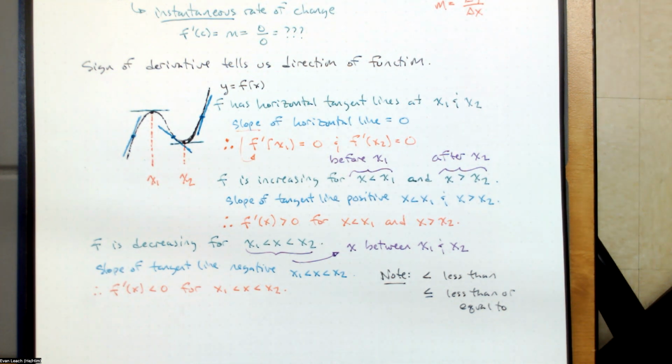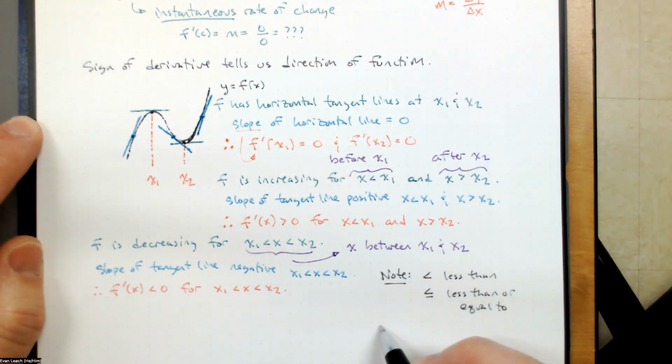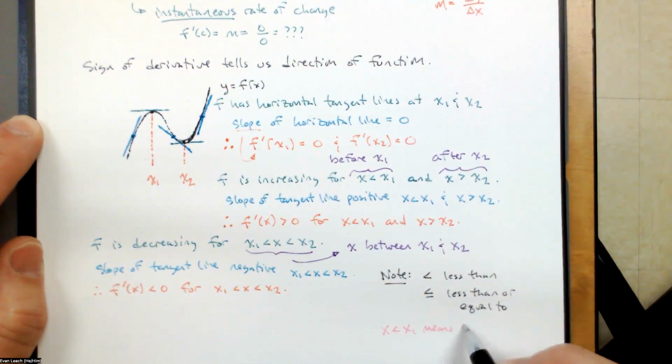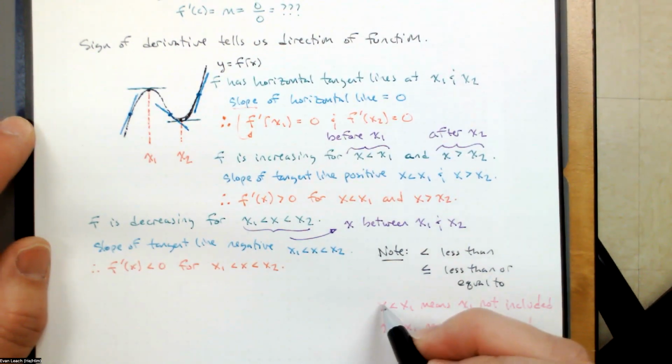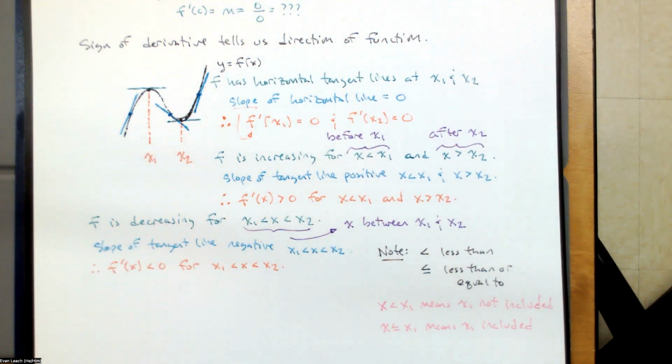So x less than x1 means x is not x1. Strictly less than means x cannot be x1.